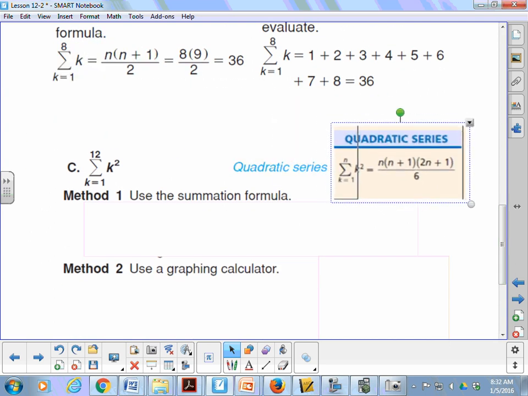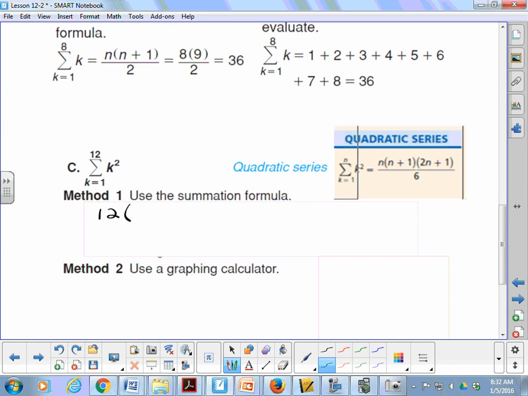So with a quadratic series, we have n, which is 12, times n plus 1, which is 13, times 2n plus 1. So 2 times 12 is 24, plus 1 is 25. And this is divided by 6.